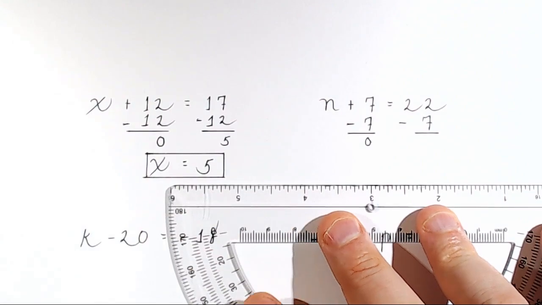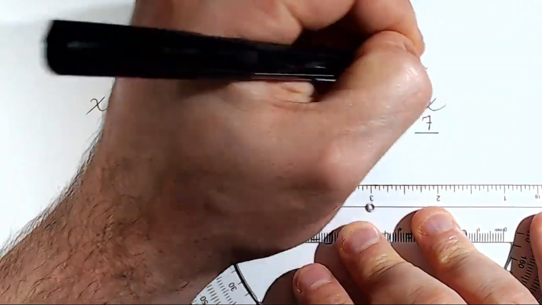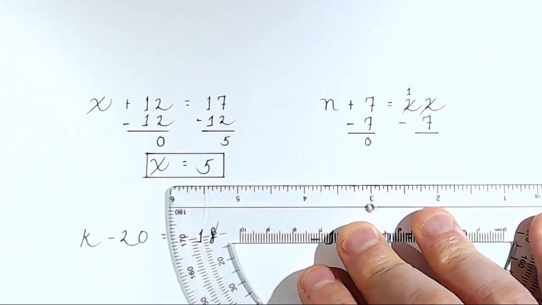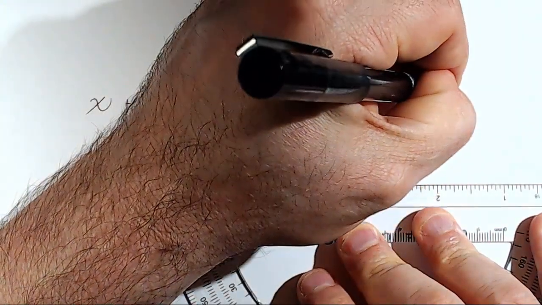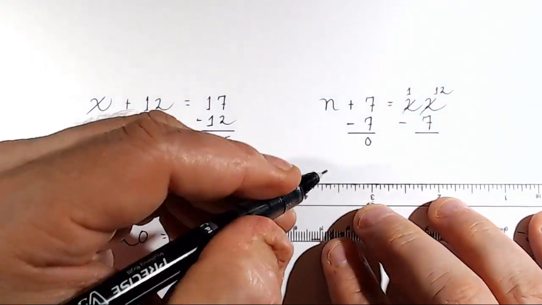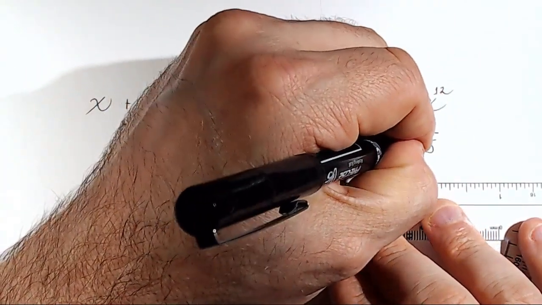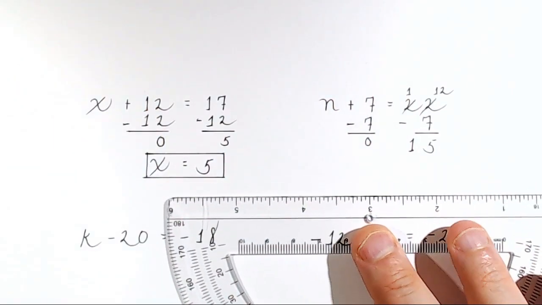22 minus 7, what is that? Okay, well, if we only do the subtraction by hand, we're going to borrow from the tens column and turn the 2 into a 12. Now, 12 minus 7 is 5. And you have 1 minus 0, and that's just 1. Okay, so now what do we do?